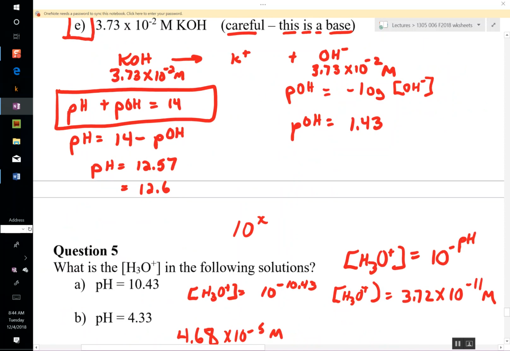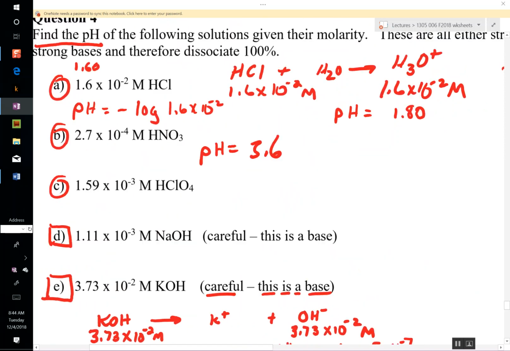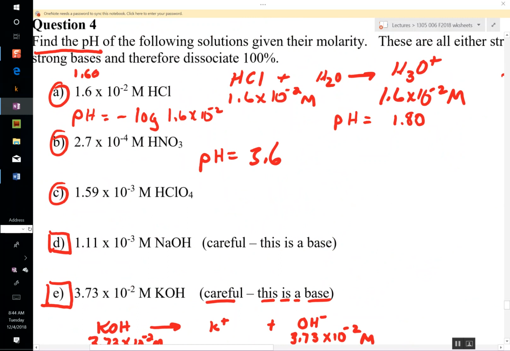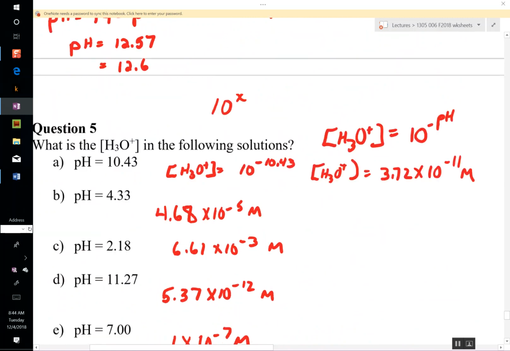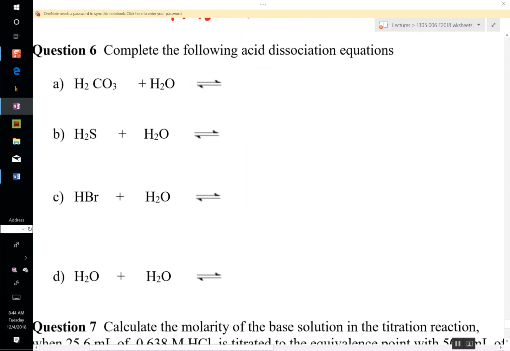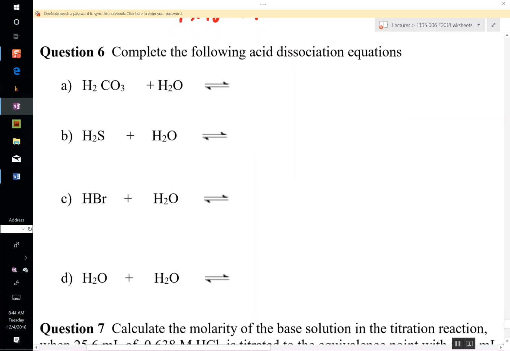All right, so this only works with strong acids and strong bases. You have to take a different approach with weak acids and weak bases, and I won't give you weak acids and weak bases. Okay, now these are weak acids and weak bases. Complete the following acid dissociation equations.